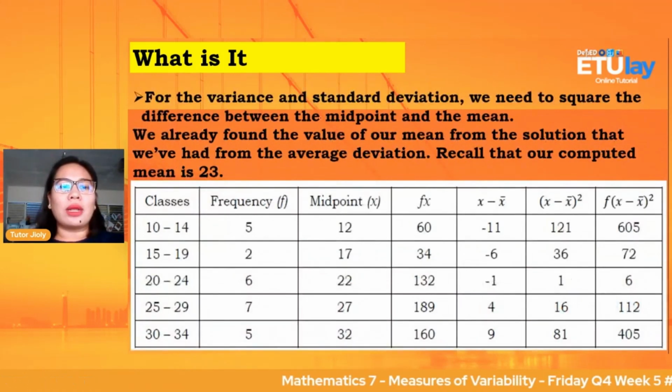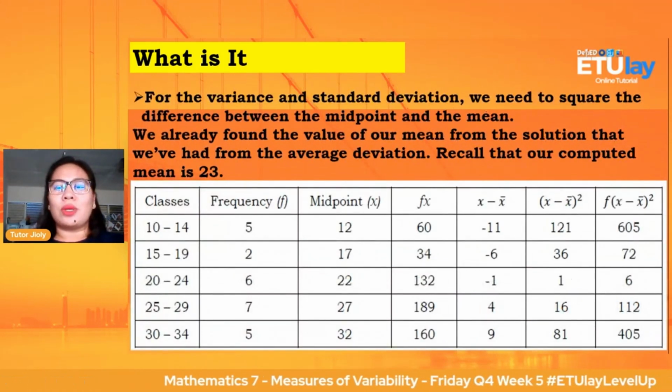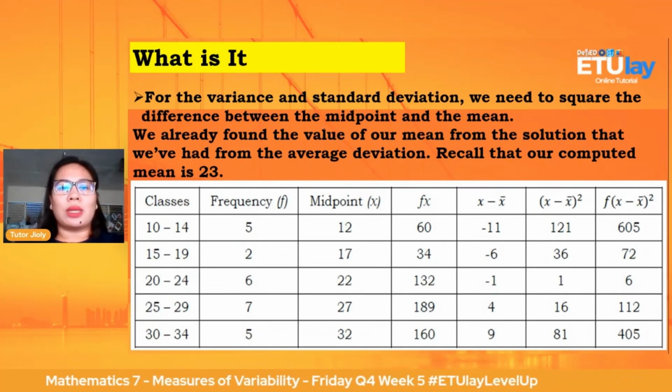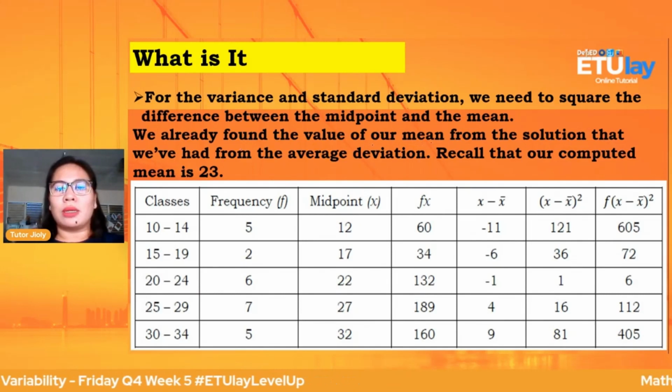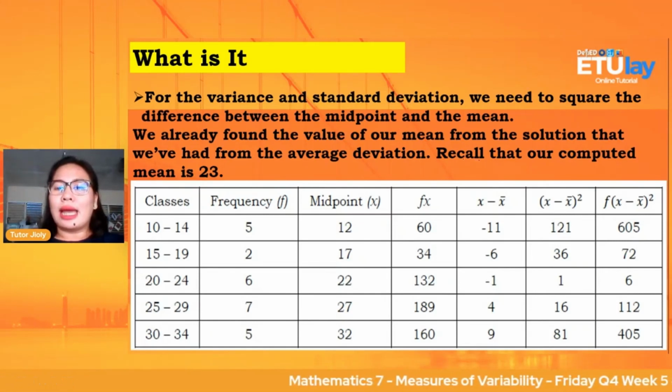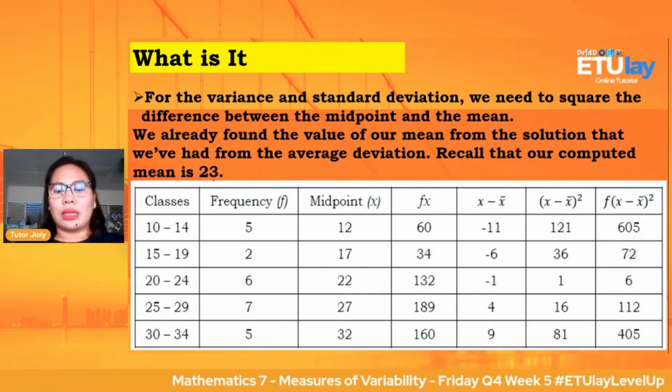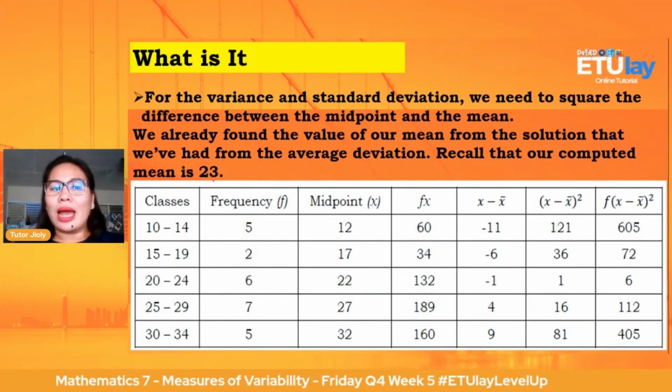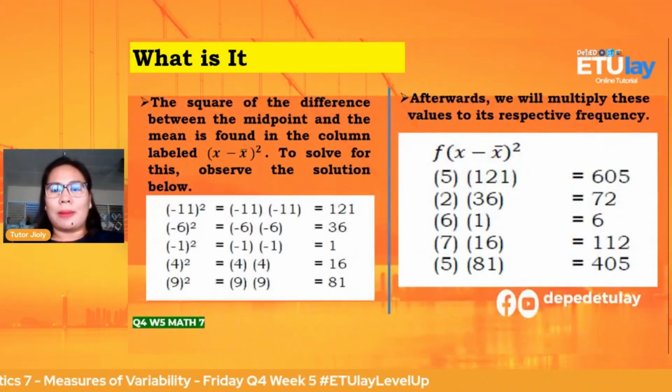Okay, for the variance and the standard deviation, we need to square the difference between the midpoint and the mean. We already found the value of our mean from the solution we had in the average deviation. Recall that our computed mean is 23. Okay, tandaan ha, yung computed mean natin is 23.